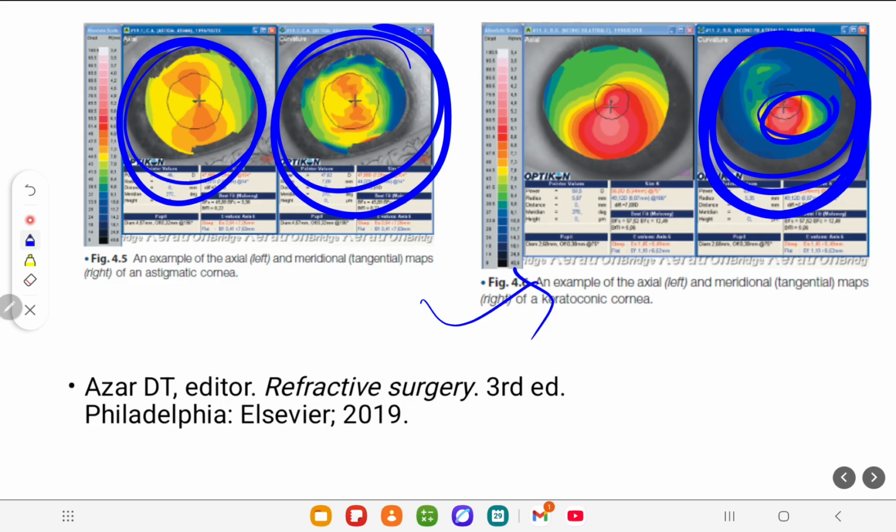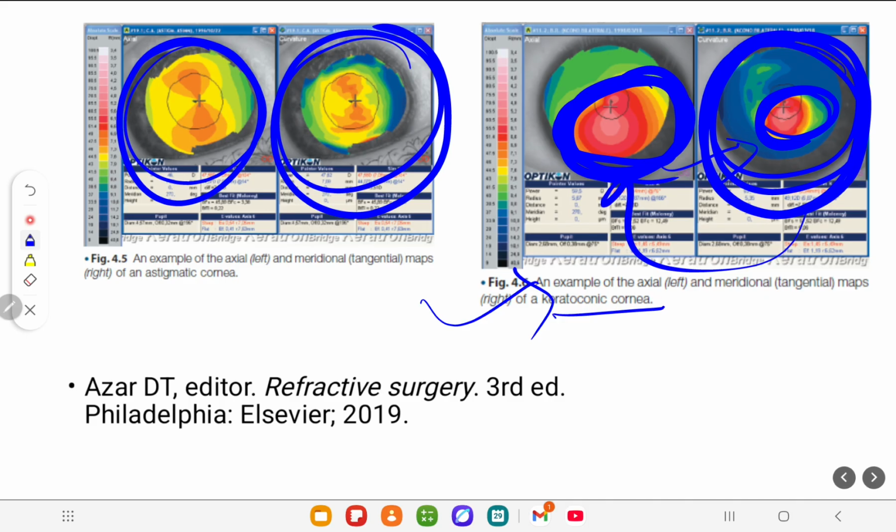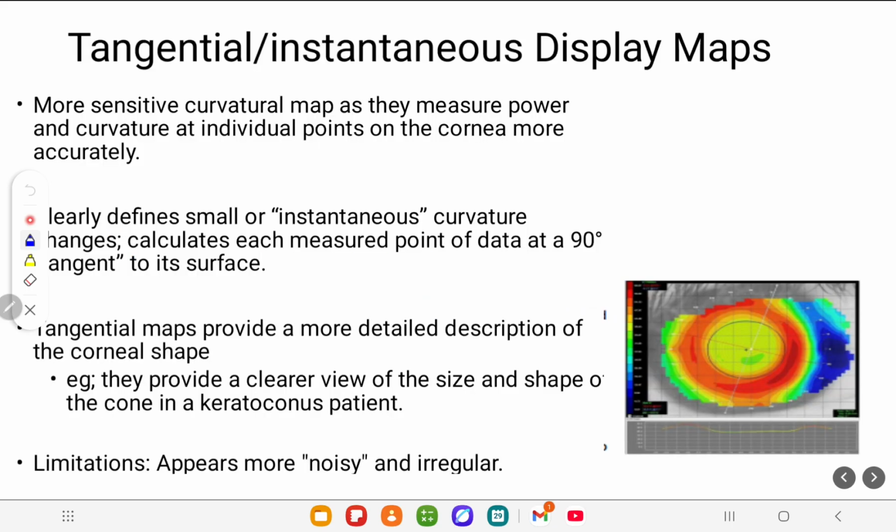A small area of elevation or whatever, a small area of focal irregularity. But whenever you switch from the tangential map to the axial map, it's like, wow, a large area is covered, isn't it? A large area is covered. But actually the tangential is far more important whenever you diagnose keratoconus. Actually this is a keratoconic picture, so it's very important.